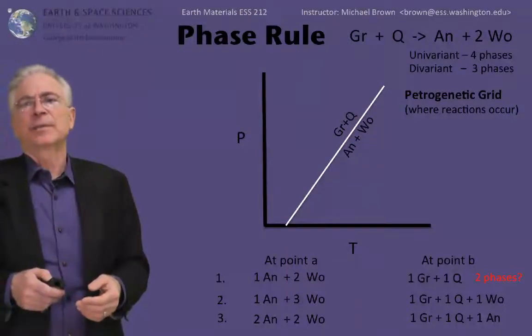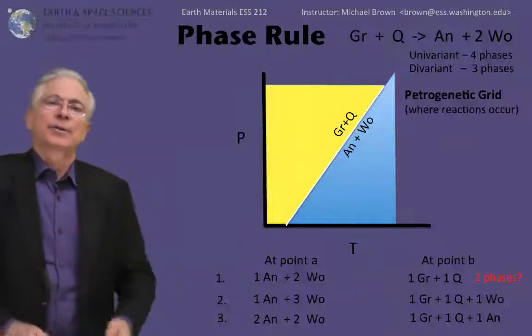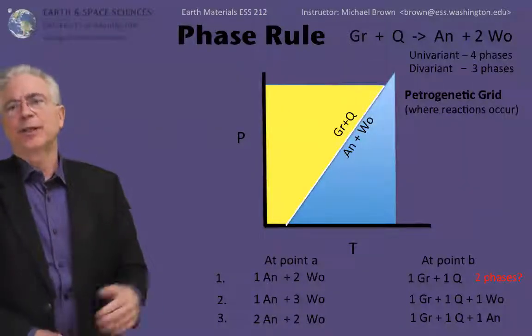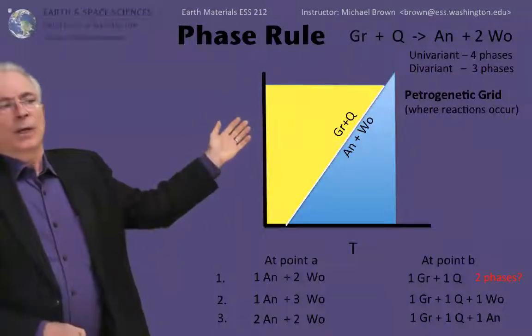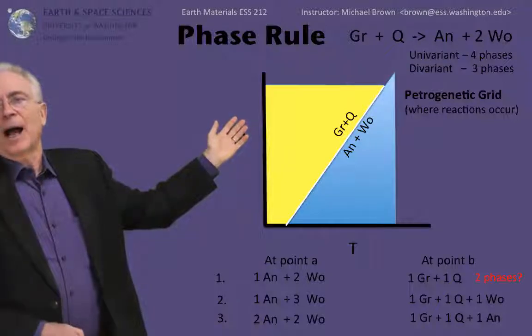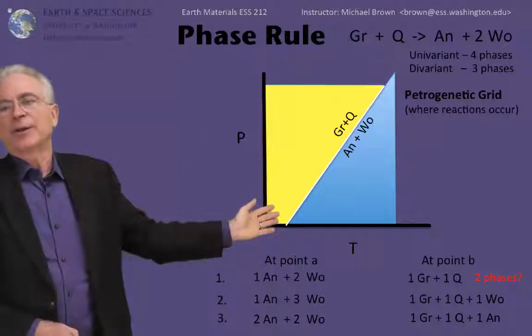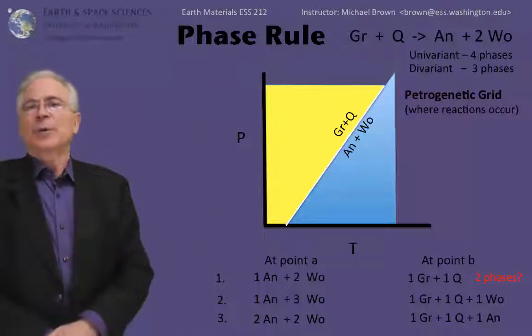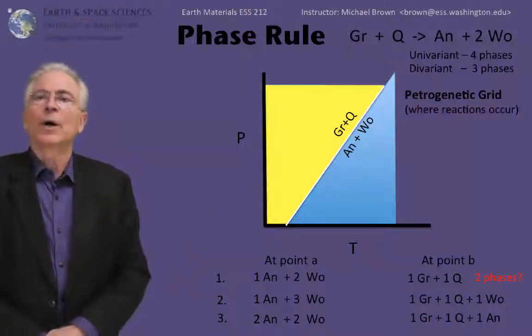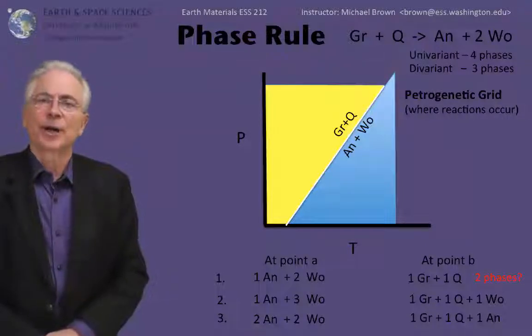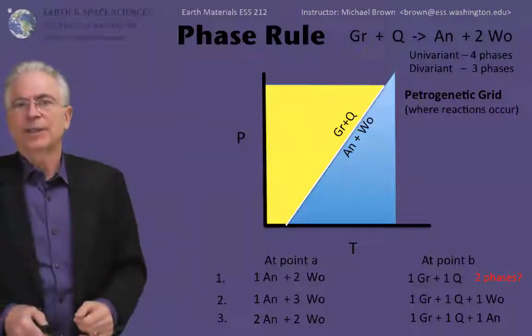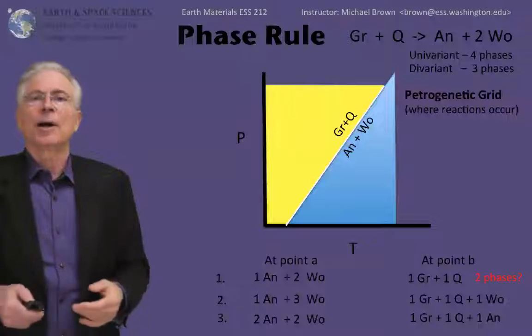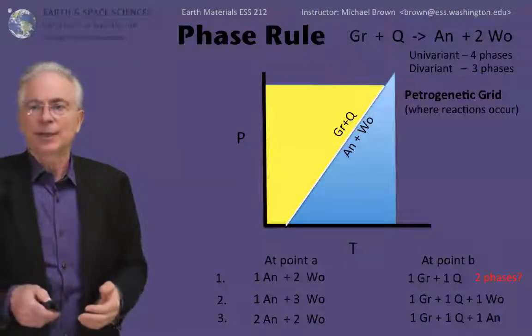So let's follow this a little bit farther on now. And what I'll do is I'll color in the 2 regions. The yellow area for the higher pressure regime and the blue area for the higher temperature regime. And now what we have to do is look and see what minerals are present in those 2 areas. And of course, that's going to depend on the starting composition that we are using.